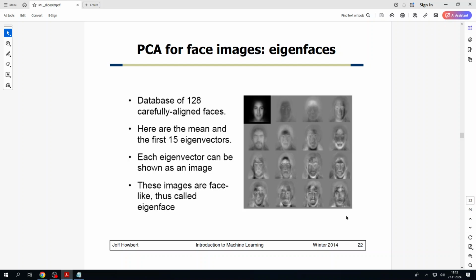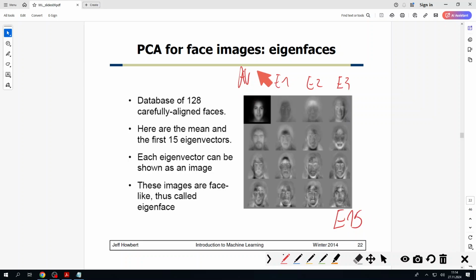It's actually the average. And then there are 15 eigen pictures. Each eigen picture corresponds to the eigenvector here. So eigen picture 1, eigen picture 2, eigen picture 3, all the way up to eigen picture 15, and this is the average.